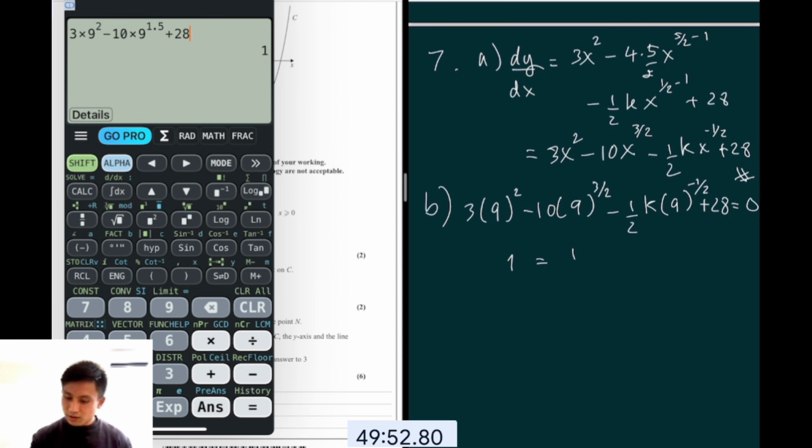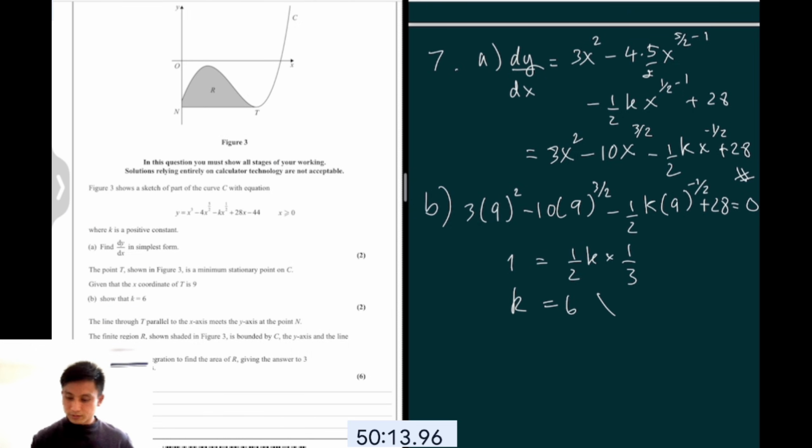I push 1 half k, and that 9 to the power of minus 1 half is basically 1 over 9 to the half. So this is 1 over 3, right? So basically k is equal to 6. Just double checking here. Should be okay. Oh yeah, there you go, as shown.